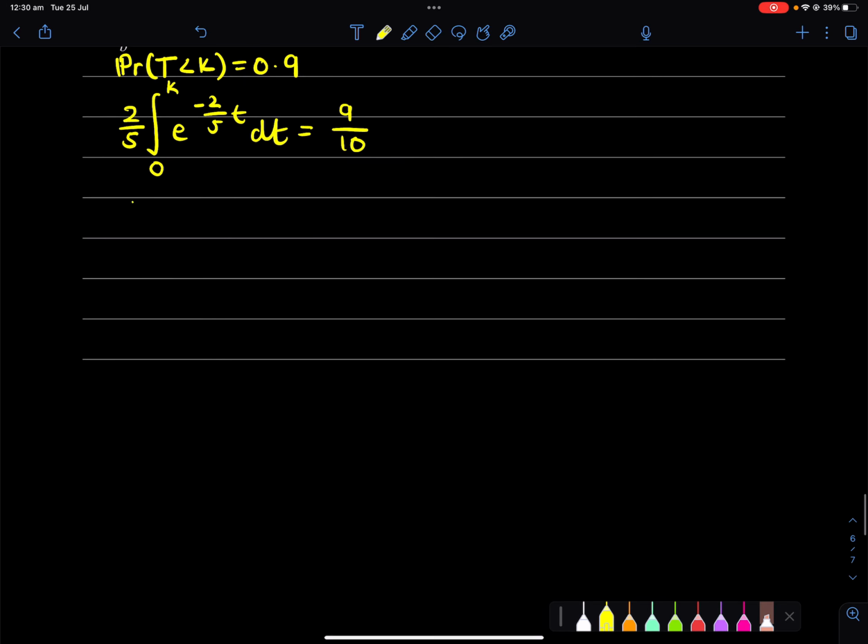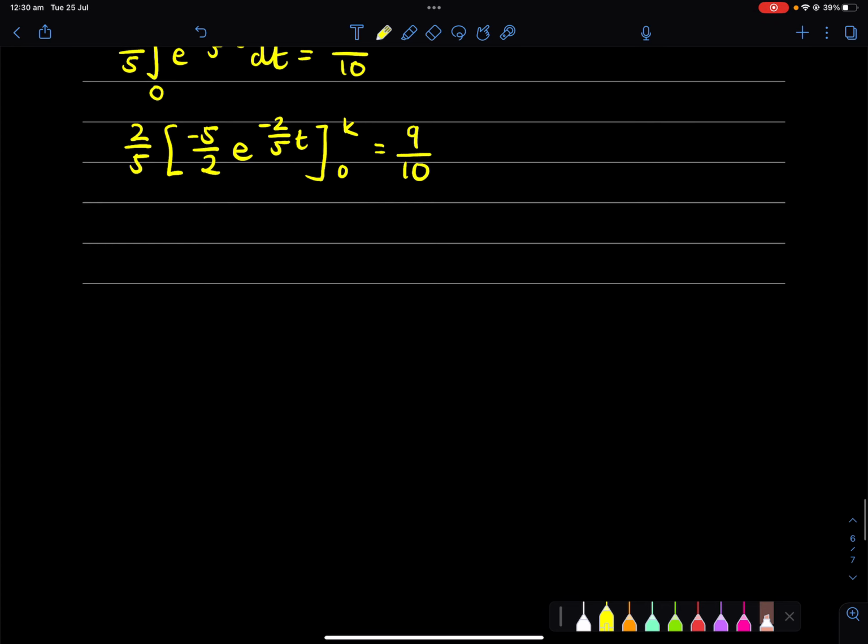So the integral of that will be -5/2 e^(-2/5 t) from 0 to k equals 9/10. These cancel out, so we're saying that -e^(-2/5 t) from 0 to k equals 9/10.